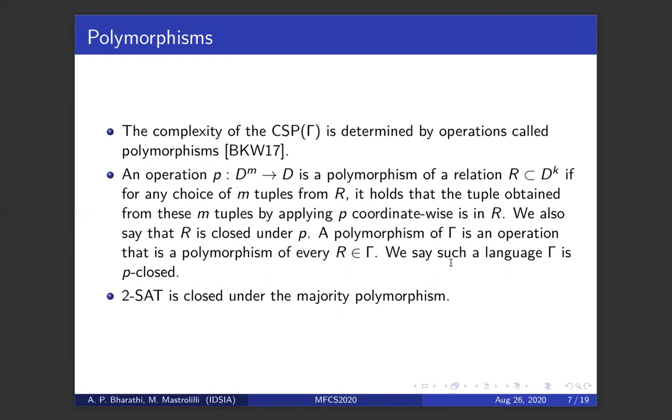An m-ary operation P is called a polymorphism of a relation R if by taking any m tuples from R and applying P coordinate-wise, we obtain a tuple that is also in R. If P is a polymorphism of every relation of gamma, we say that P is a polymorphism of gamma itself, or that gamma is P-closed. In our paper, we deal with the majority polymorphism, but I shall get into the details later.